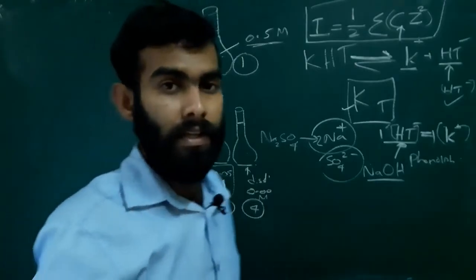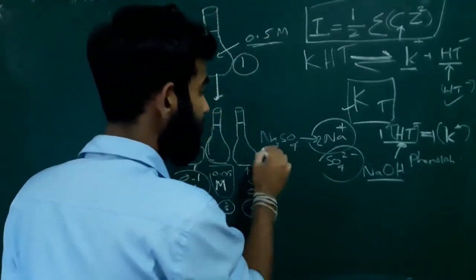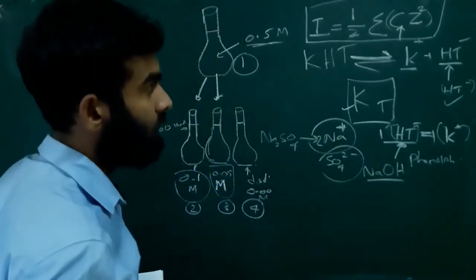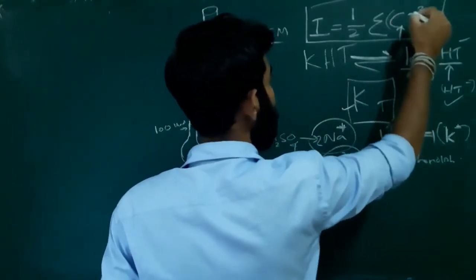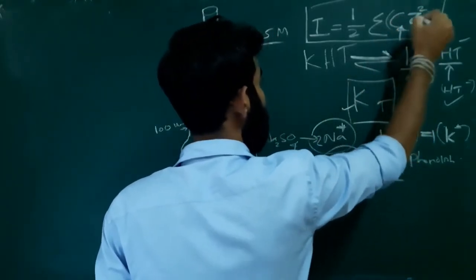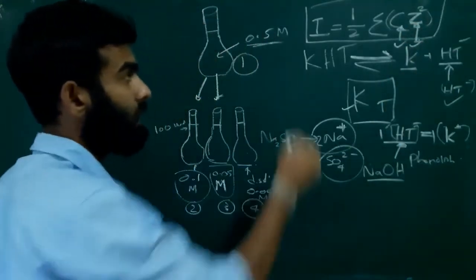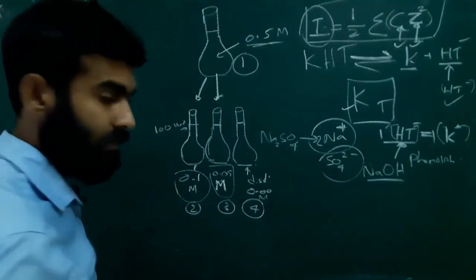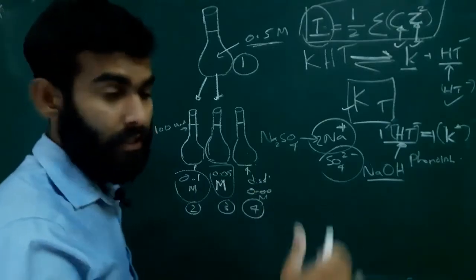Charge number means the charges. When this is ionizing here, we can find the charges. Here 2 charges are involved. So by using this data, concentration and charge number, you can calculate the ionic strength.